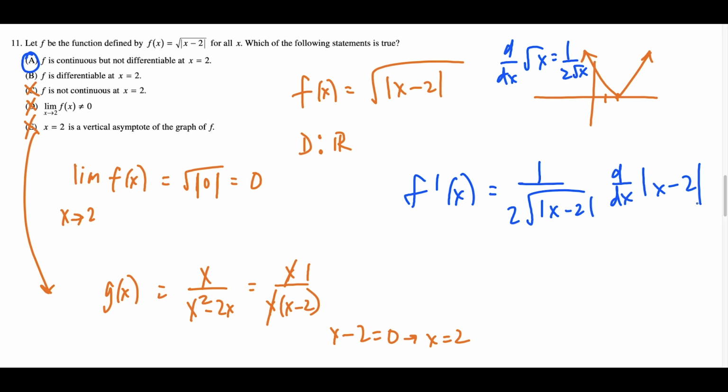But as it turns out, this is multiple choice. We don't care what the entire derivative is. We just have to think about what happens if I were to plug in 2. f prime of 2 is undefined because I would have 1 over 2 times the square root of 0, and division by 0 is no good. So f prime of 2 is undefined, and since f prime of 2 is undefined, that tells us that our function is not differentiable at x equals 2.